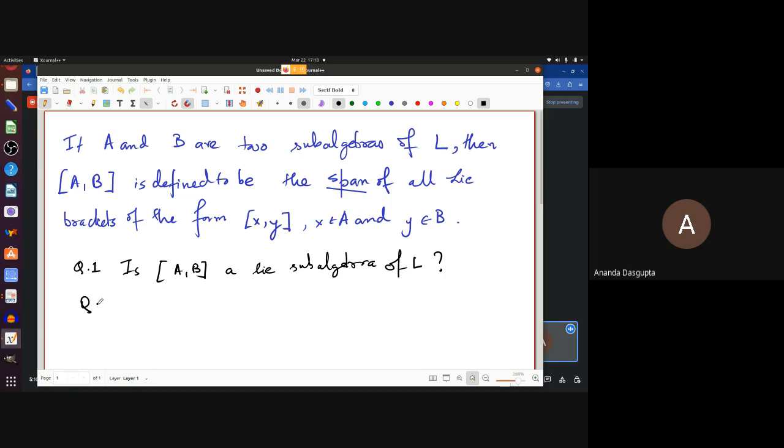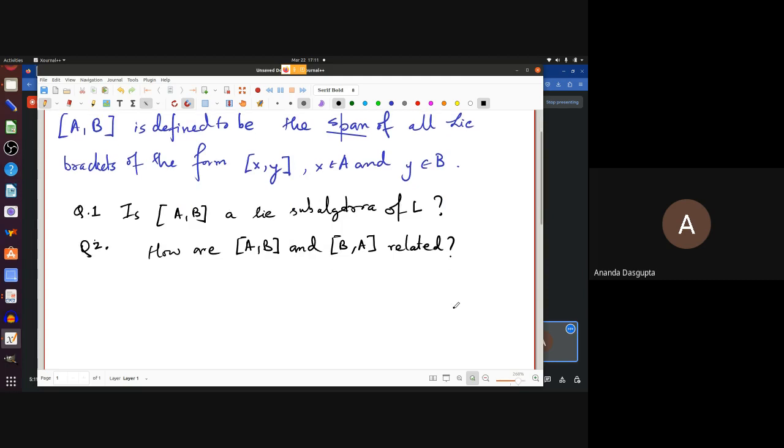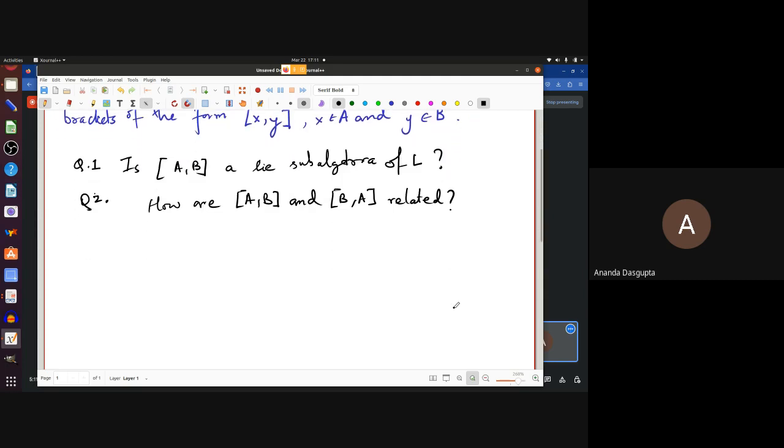And question two, how are [A, B] and [B, A] related? Think about these things. I'm not going to tell you what these are, but it's pretty straightforward. You should be able to figure it out yourself. But some amount of thought may be needed for both of them.